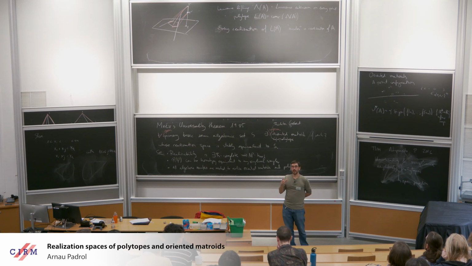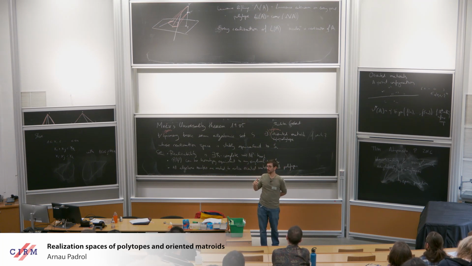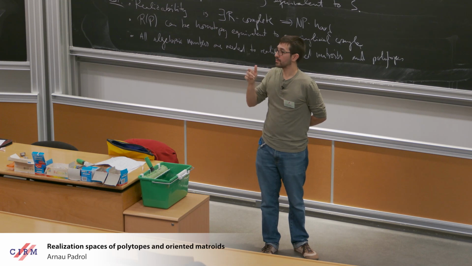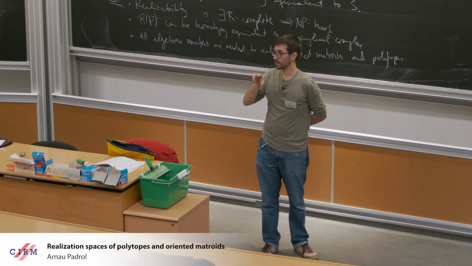Now I can ask how many two-dimensional faces can I have? In the best case scenario, you'll have n choose 3. Every 3 points will form a face. So we'll say a polytope is k-neighborly if every subset of k vertices forms a face of the polytope.